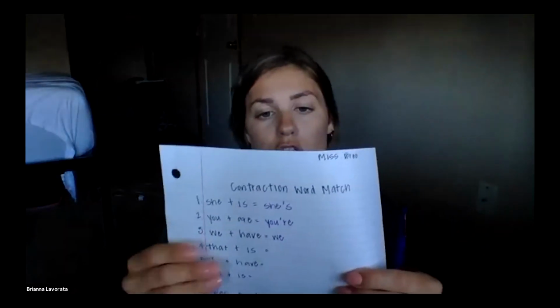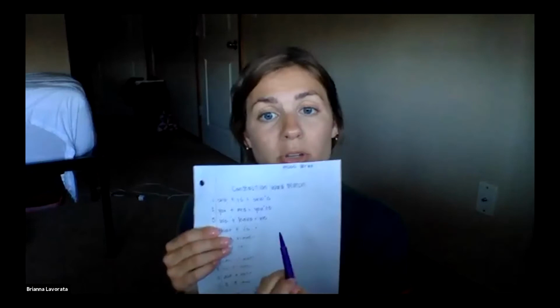Number 3, we have, okay? We are going to always keep that first word, right? So I can write we. It's the second part that we are going to shorten, okay? So I know I'm going to remove some letters, so I'm going to add my apostrophe right after we. That first part of my word is done.